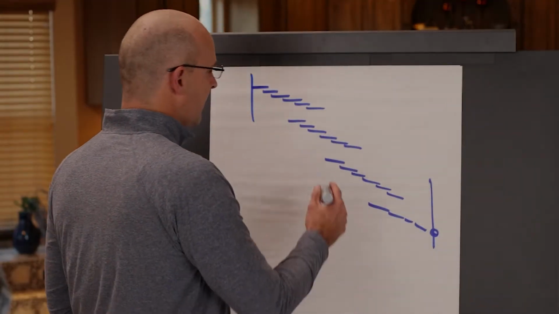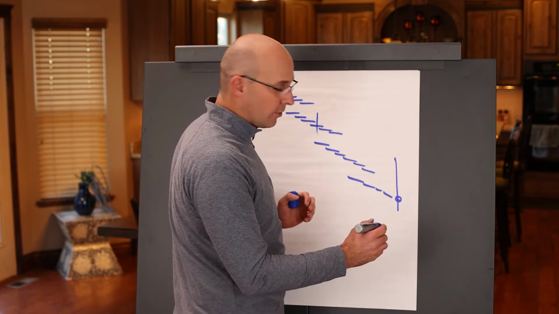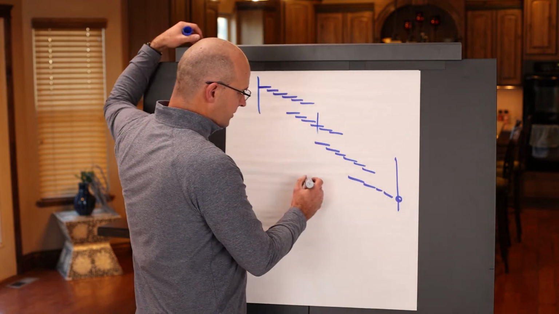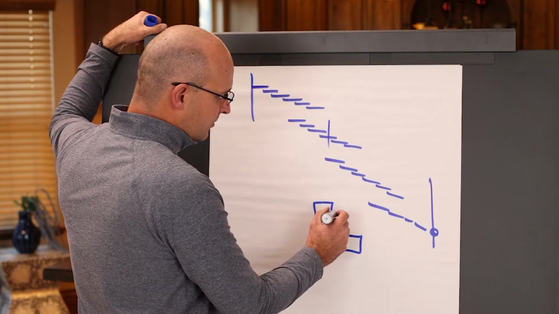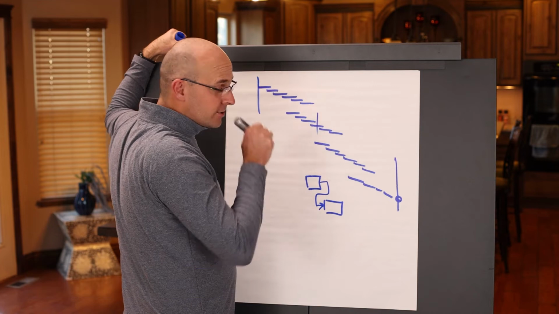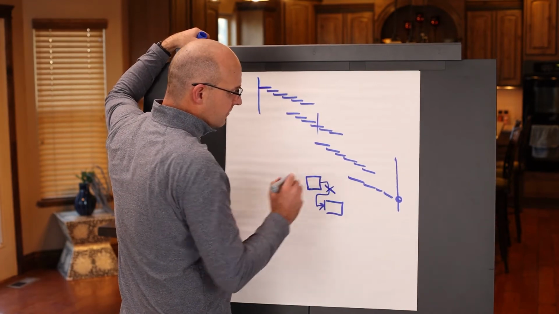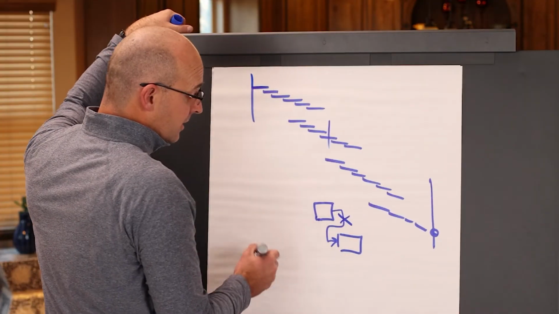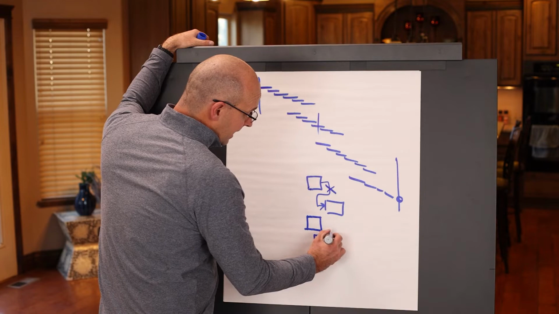So if you have a delay in here, you'll either go behind schedule or you'll start to dissolve logic. If you have an activity and another activity, and this is what's called a finish to start relationship, what the scheduler or the superintendent will start to do is dissolve that logic, or put a lag in there, which means that you're starting to stack activities.